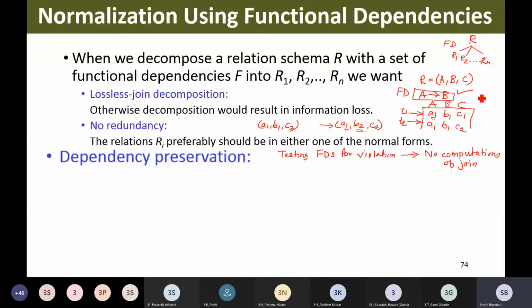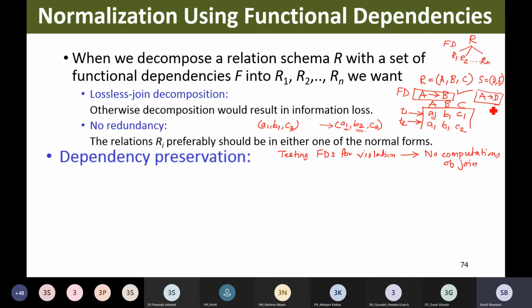Say I have a dependency A to D, and I have another relation S wherein I have two attributes, D and E. So if I want to check for the violation of this functional dependency, A determining D, these two attributes do not belong to a single relation. A belongs to relation R and D belongs to relation S.